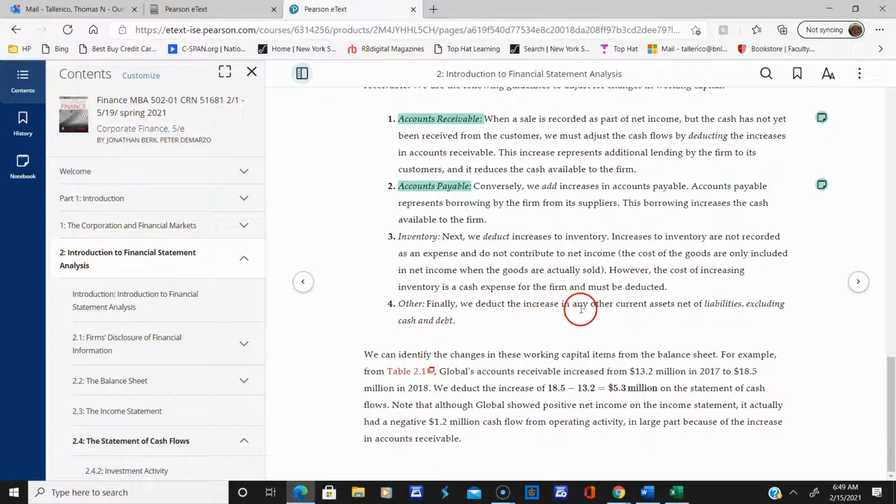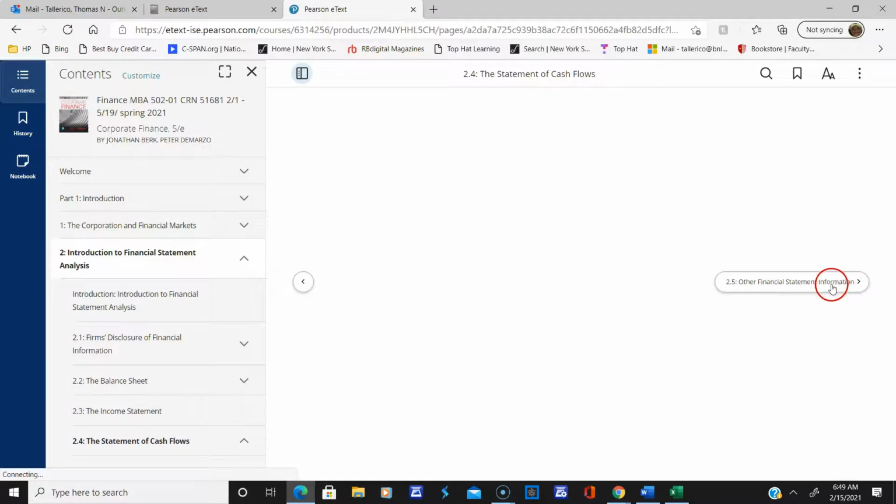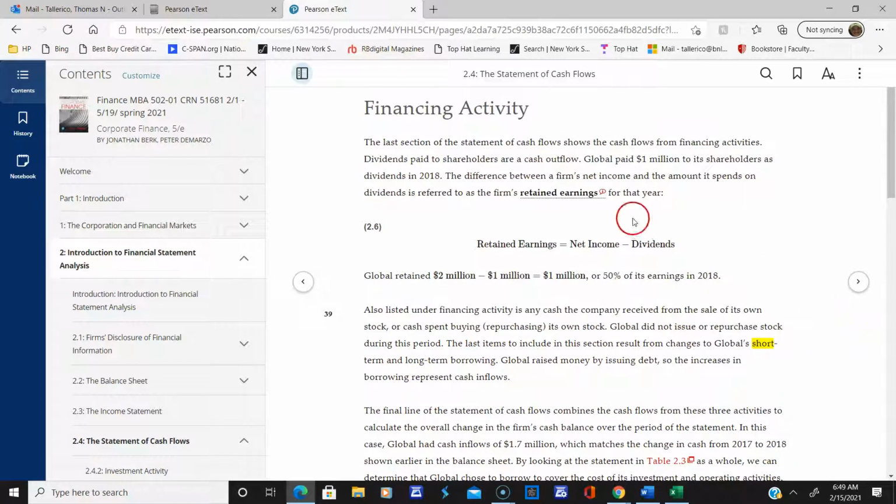And then we deduct anything else. They go through the math here a little bit, and it's instructive to go through this whole problem, this Global equity. And then here's your investment activity. And finally, your financing activity.